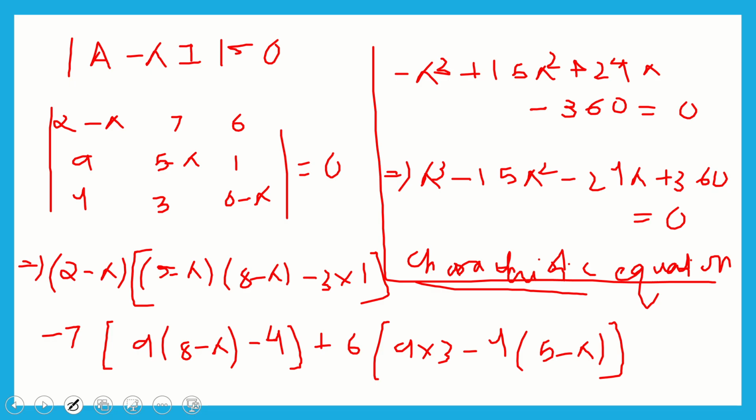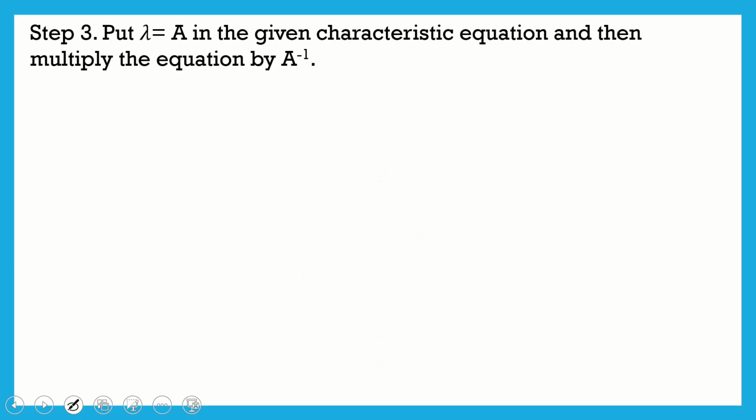So what we have to do now: instead of this lambda you have to just put the value of A, and instead of the constant, 3 is 3 into 1. Okay, let me write here.